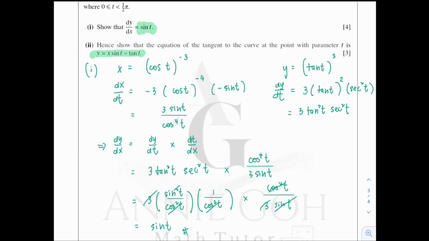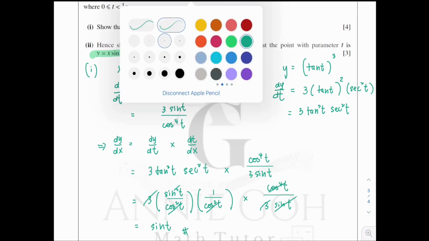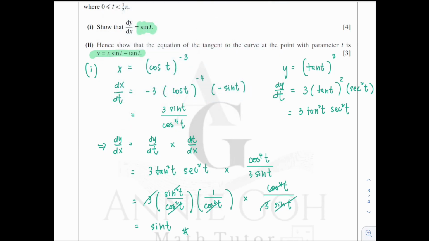So to form this equation, it's just a straight line equation, so it should be by using y equals mx plus c, or y minus y1 equals m times x minus x1. So it's up to you. Either you can use the first equation or the second equation. But first, you got to figure out what's the m and what's the coordinate. You need the gradient and the coordinate to form the equation.